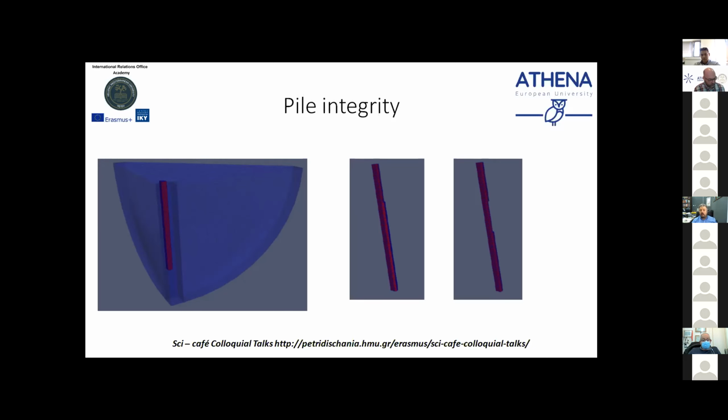This is a well-known technique for quality assessment of piles which are constructed on site, with all the difficulties of creating them there with concrete and steel, etc. In our computer experiments, we considered piles with different diameters along the length, along the depth, and this created examples of piles with different defects.